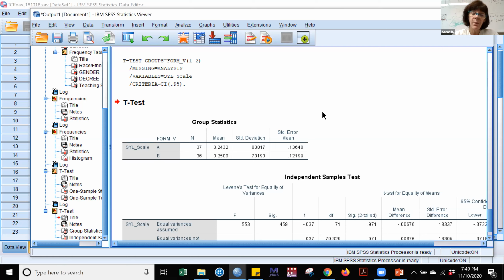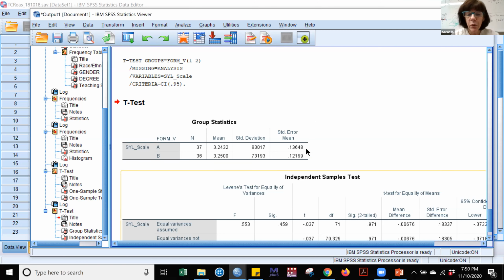So you would say 37 people responded to the motivational form of the syllogism questions (M = 2.4, SD = 0.83), and 36 people responded to the syllogism scale in Form B, the non-motivational one (M = 3.25, SD = 0.31), with one value missing from Form A. That would be a very complete description.